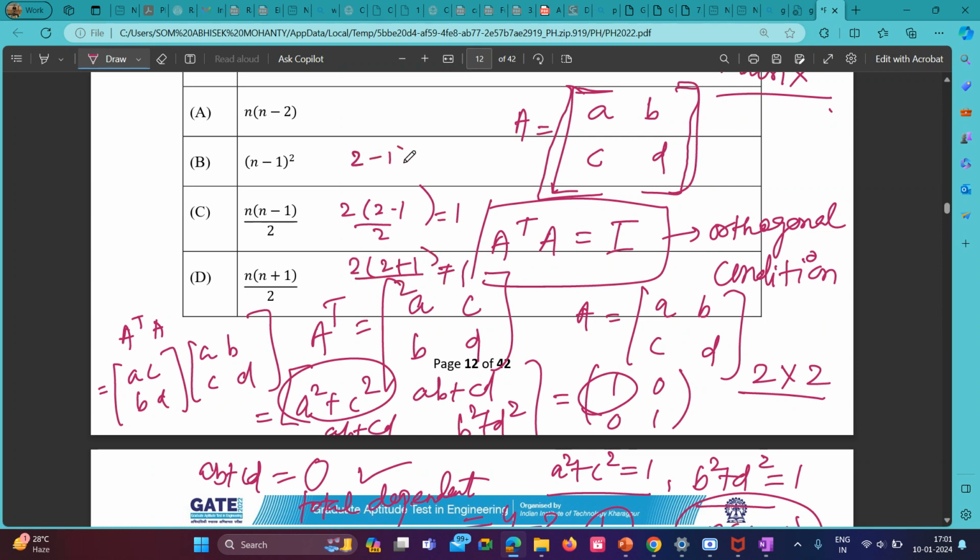This one is also not giving me 1. So this is the perfect one. So n into n minus 1 by 2 number of independent components. Is it clear? You have to take an example and see it. Yeah, this is number 13 for 1 mark.